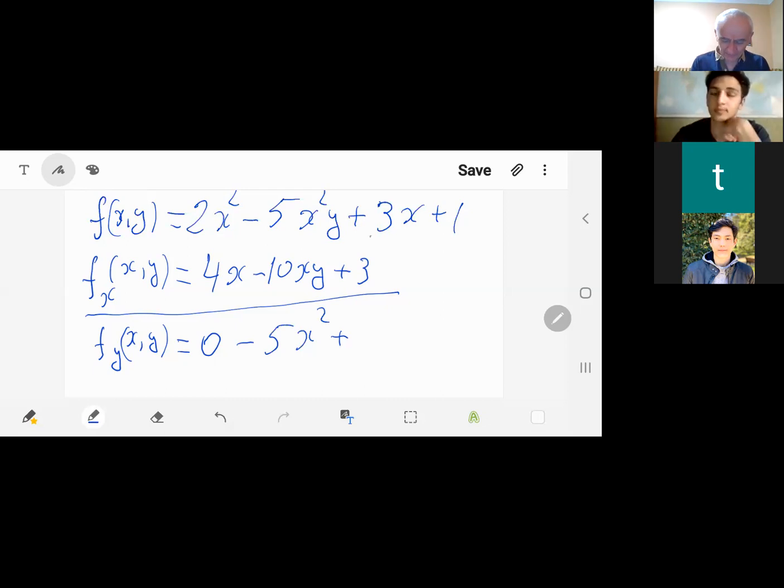So the derivative of 3x plus 1 will be 0. So our final answer is minus 5 times x squared. Any questions? No.